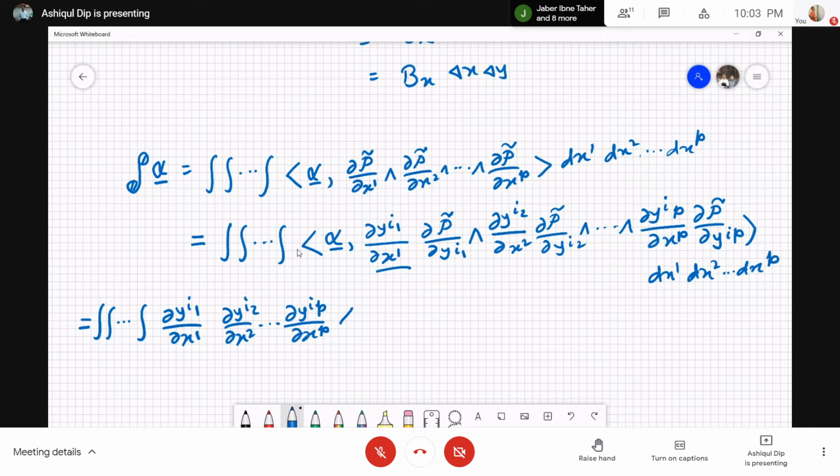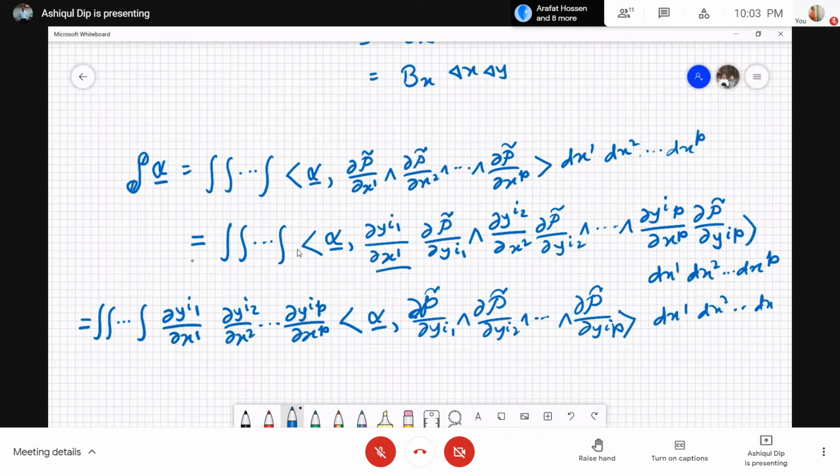Then I have alpha pairing with delta p tilde by delta y i1, with delta p tilde by delta y i2, up to delta p tilde by delta y ip. Then I have dx1 dx2 up to dxp.